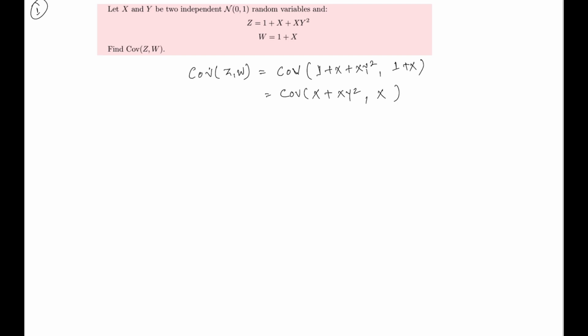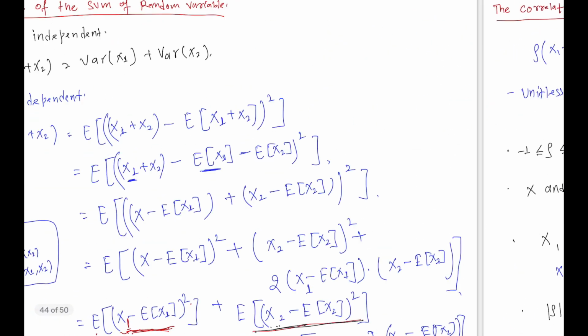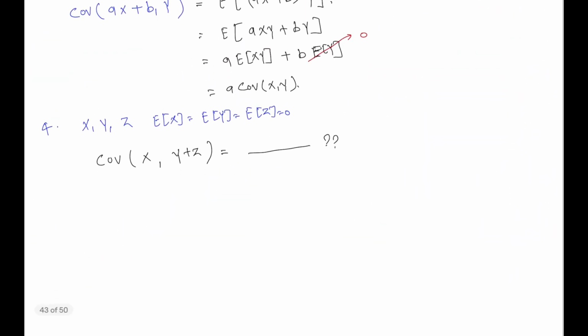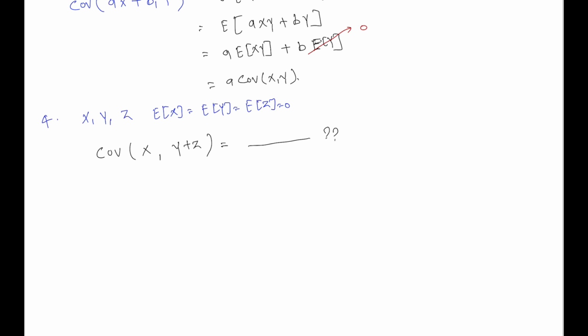Right, and we have looked at one more property, which was given to you as a homework problem. Let me now find this one. Here we have three random variables, and we are trying to find the covariance between x and the sum of two of these random variables, that is y plus z. To make it simple, we have taken the expectation of each random variable to be 0.